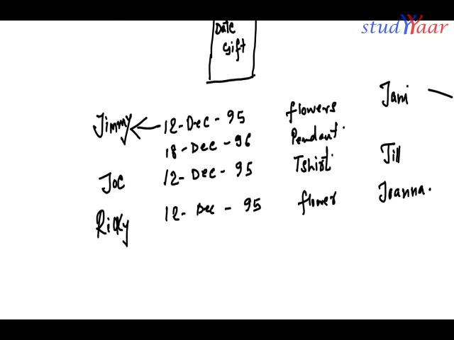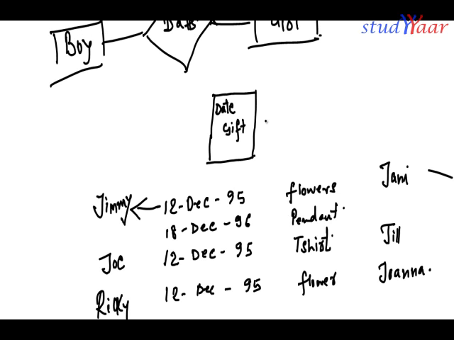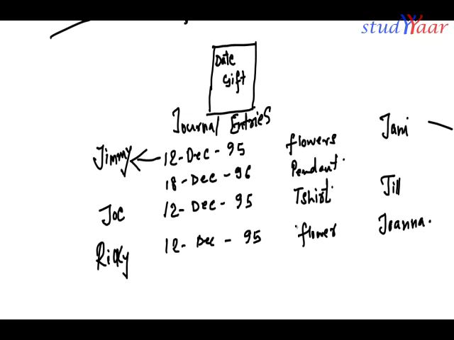So it is not possible for me to model these journal entries as I don't have a proper super key. These journal entries obviously only have two attributes. It has a date and it has a gift name.